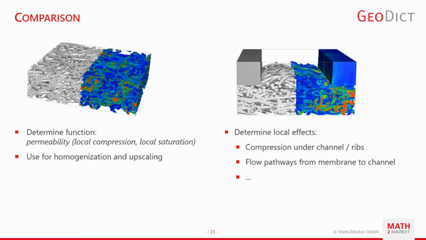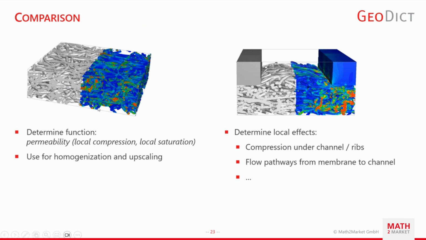So, now we have these two things. When should you use what? The left-hand side here, this homogeneous material, is the one that you should use if you want to determine a function of the material, like the permeability in dependence on compression rate and saturation rate, because then you need some homogeneous material model where you can compute permeability and saturation and compute the function.